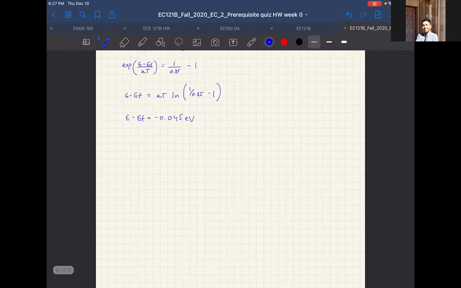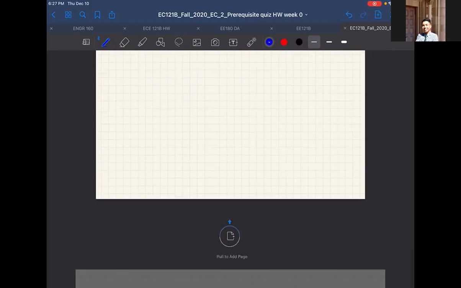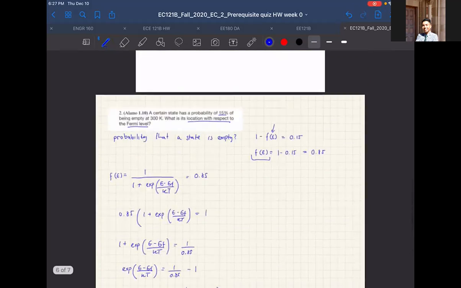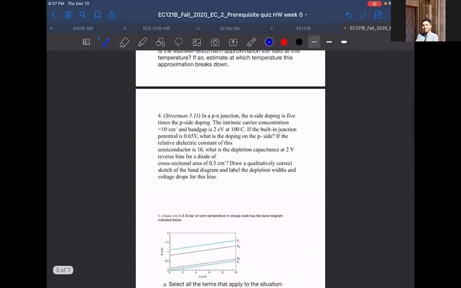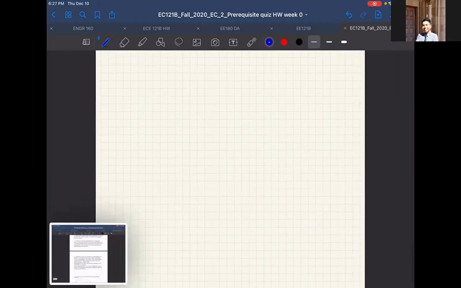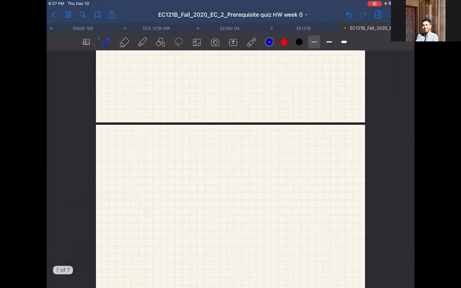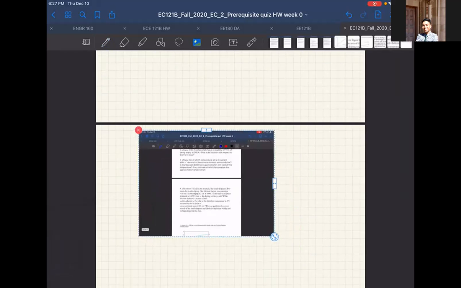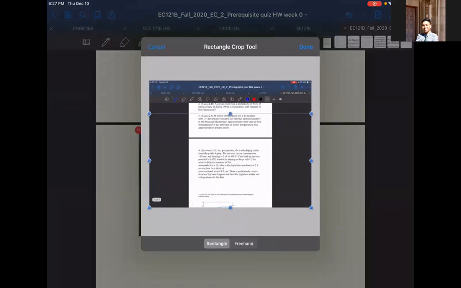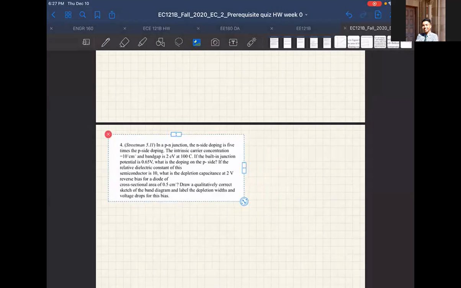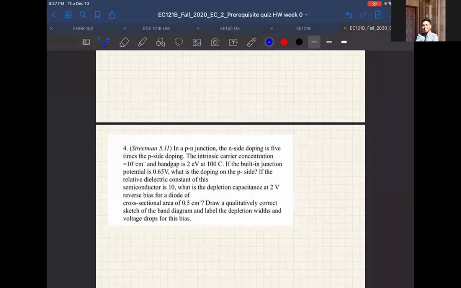Another problem that I have for you guys. I'll create a new page. So it's asking for a p-n junction.